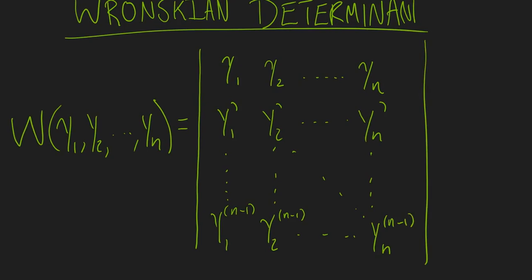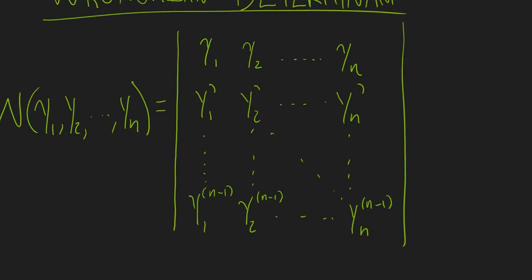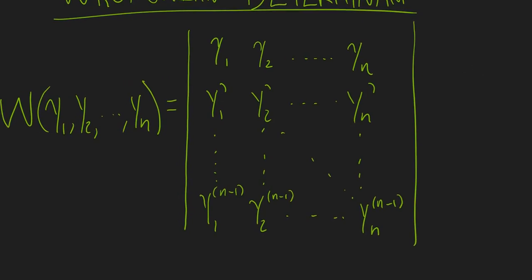And note that this is a square matrix. We have the same number of entries along our rows as we do along our columns, because we have n solutions across the top. So we have n solutions across the top, and then we go down to the n minus 1th derivative, but we start with the 0th derivative.